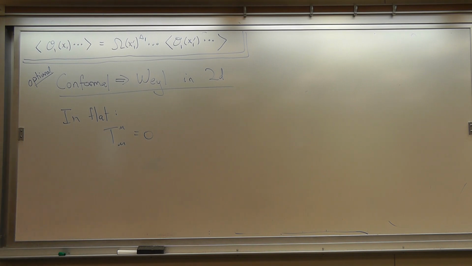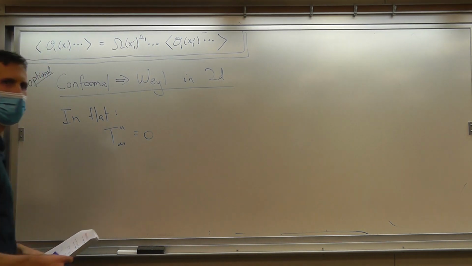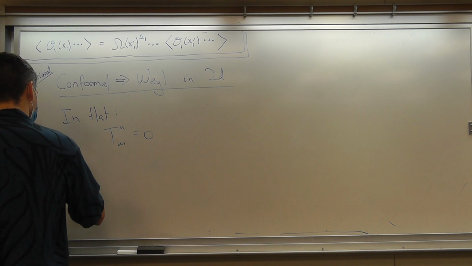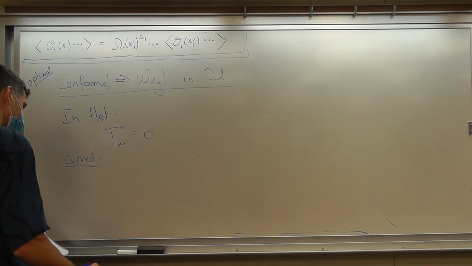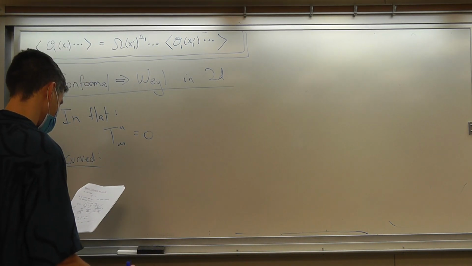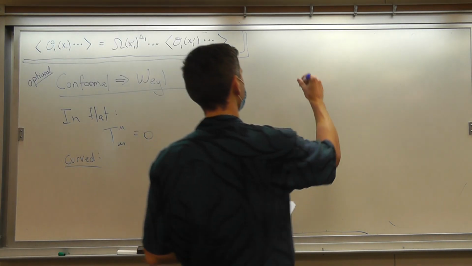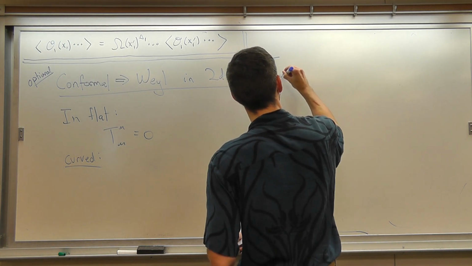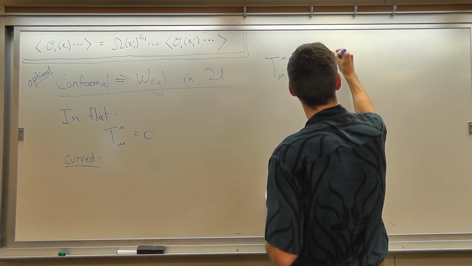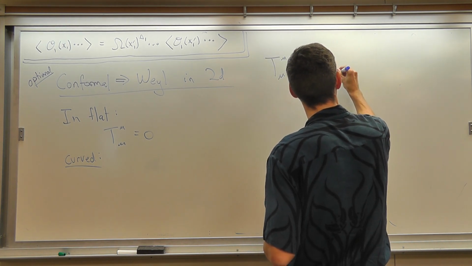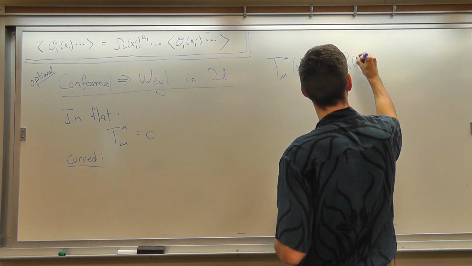Okay, well, if the trace is 0 in flat space, then let's follow the kind of effective field theory reasoning and write the most general trace that we could have in curved space. So if it's curved, the most general thing that we can write by dimensional analysis, let's write this up here, is T mu mu of x is minus c over 24 pi R of x.